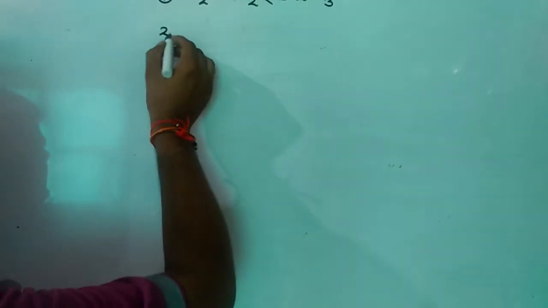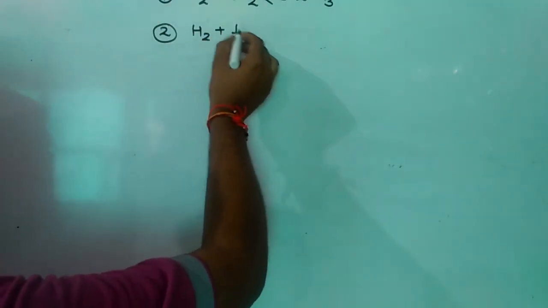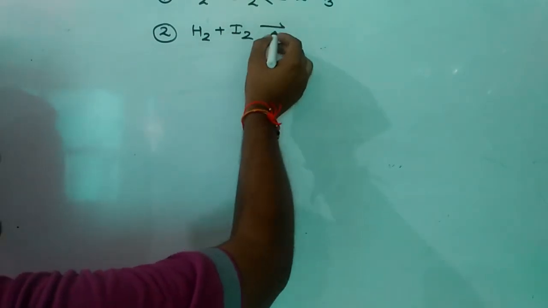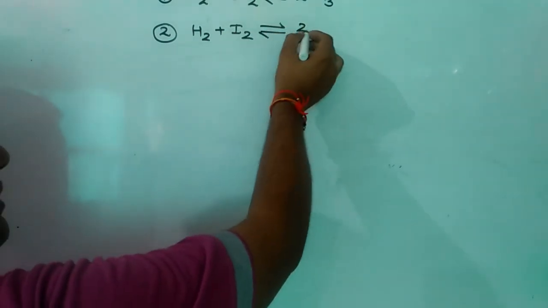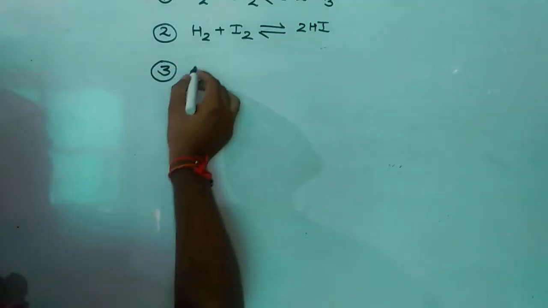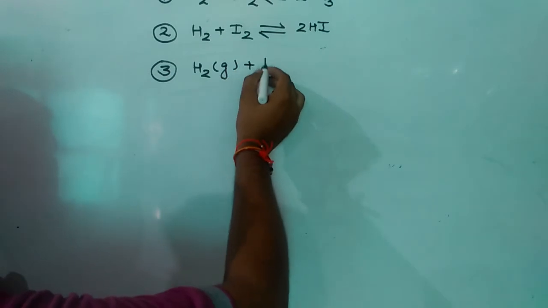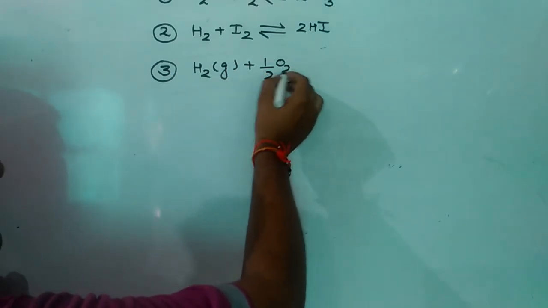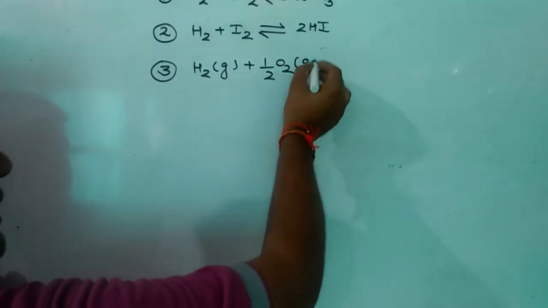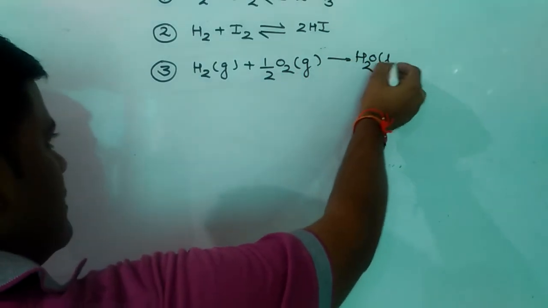Second option is H2 plus I2 gives 2 HI. Third option is H2 gas plus half of O2 gas gives H2O liquid.